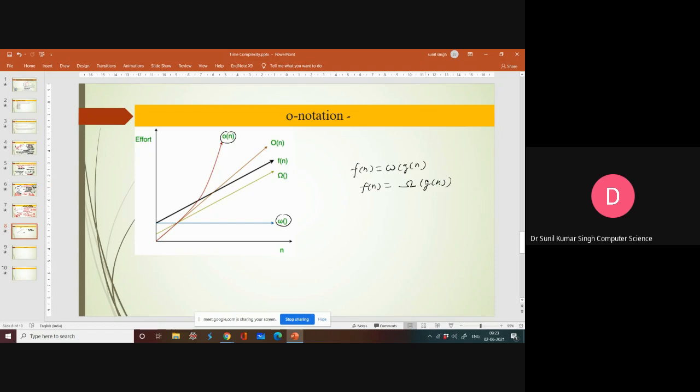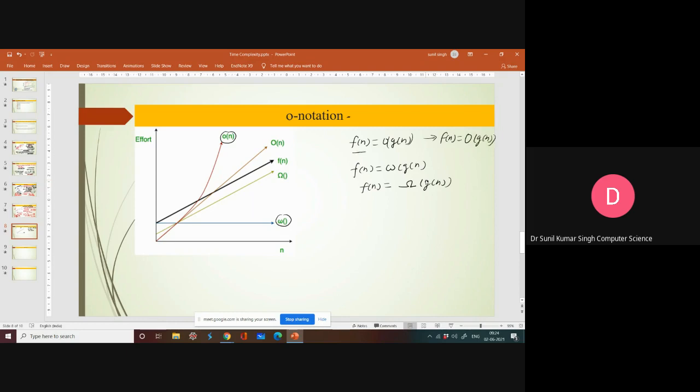Similarly, for big O notation and small o notation also. If you are able to write f(n) is equal to small o of g(n), then you can also write f(n) is equal to big O of g(n).